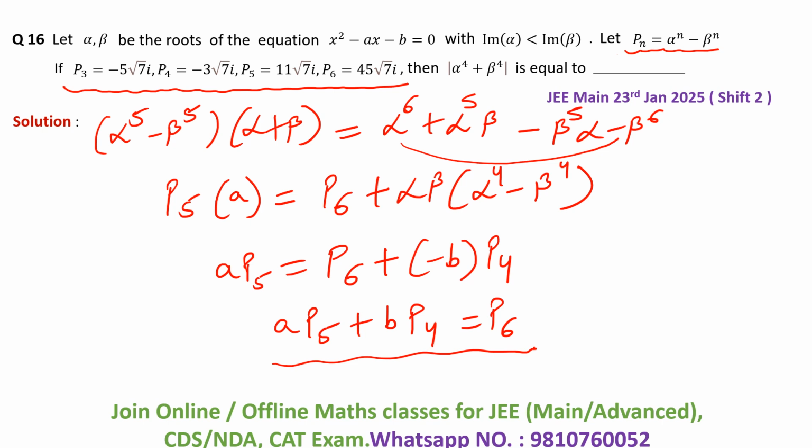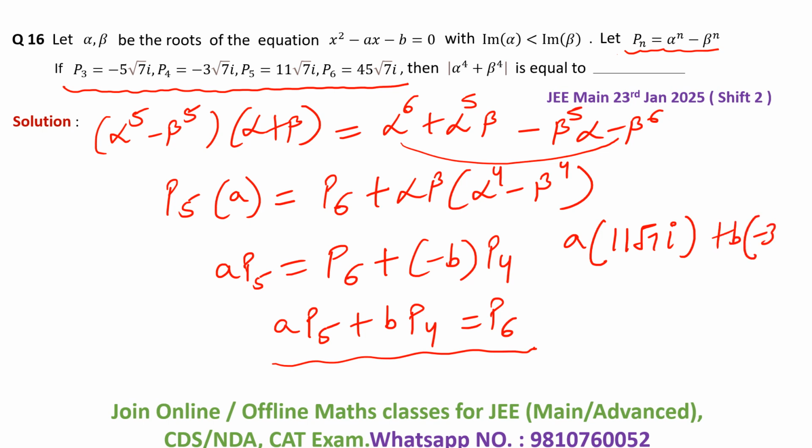Just put these values in this equation and you will be getting an equation in terms of A and B. So when you put the values of P4, P5 and P6, what do you get? You will be getting A into 11 root 7 iota plus B into, what is P4?